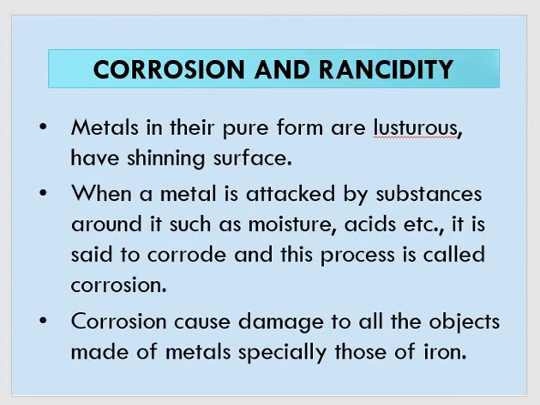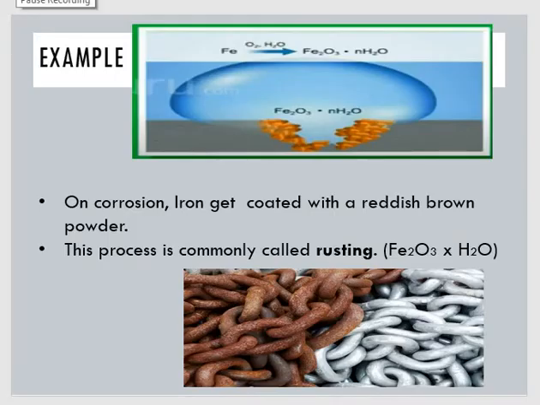Corrosion causes damage to all the objects made of metals, especially those of iron. On corrosion, iron gets coated with a reddish brown powder, that is rust. This process is commonly called rusting. The formula for rust is Fe2O3·xH2O, that is, Fe2O3 with x molecules of water.